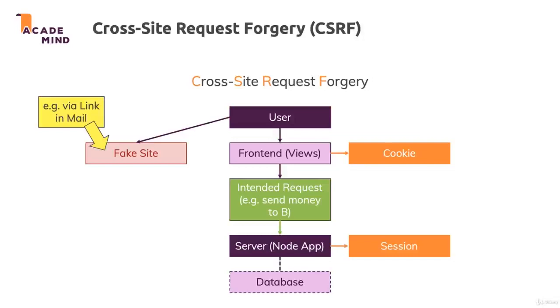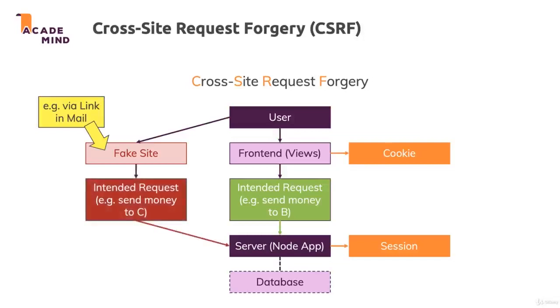The problem just is, since you're on a fake site, the request might be one that is intended by the fake site, but not by you. For example, to send money to C. And this request will succeed because you sent the right cookie, the right session ID, and you send it to the right backend.